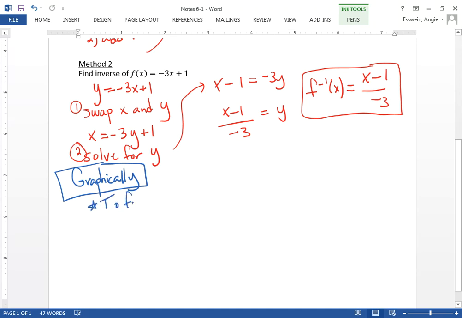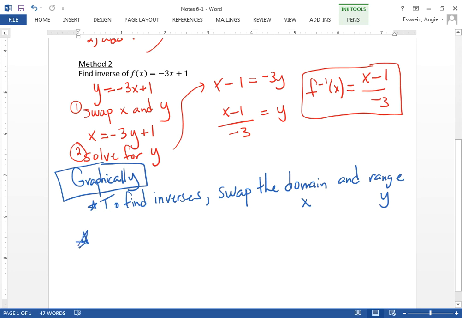to find the inverses. You can make a table of values and swap x and y, just like we did algebraically. So you swap the domain and range. Swap the domain, which is x, and the range, which is y. And then what will happen if you graph the inverse on the same coordinate plane? This is a fact. I've starred it, and I'll show you how this works.